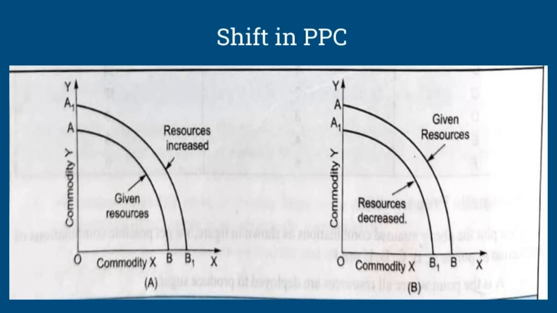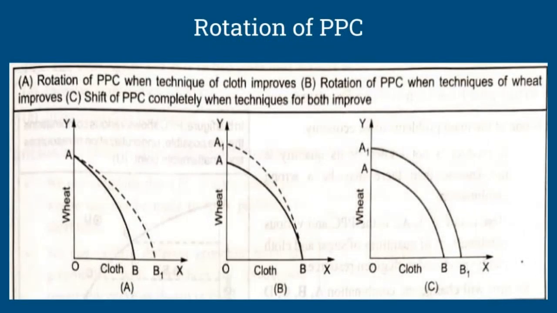Now this is about rotation of the production possibility curve, which happens because of change in the technological state of production. So here are three graphs A, B and C showing different situations of technological level. In graph A, wheat as good Y is denoted on the Y axis and cloth as good X is denoted on the X axis.